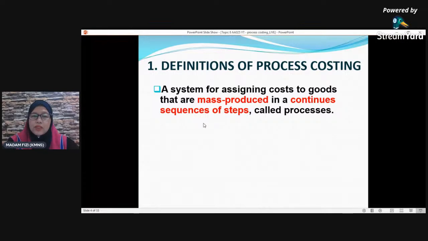Mass produced tu maksudnya satu produk yang banyak, yang besar, in a continuous sequence of steps. Maksudnya dia secara berterusan. Okay, saya ulang, maksudnya process costing ni is for assigning cost to goods yang banyak, ataupun dalam kuantiti yang besar, secara berterusan.